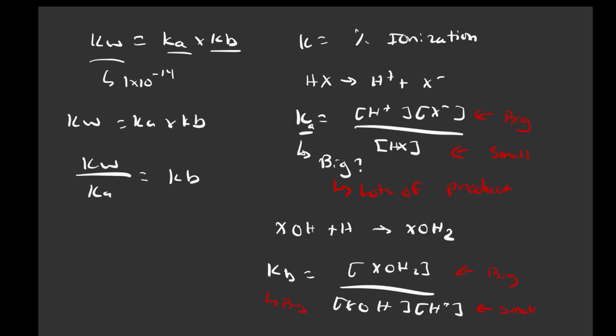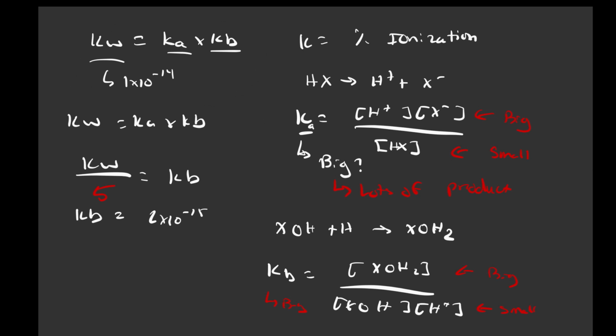Let's say Ka is really, really big, let's use Ka equal to 5. Let's replace it here. If we do this math, we get that Kb is a very, very small number, equal to 2 times 10 to the power negative 15.